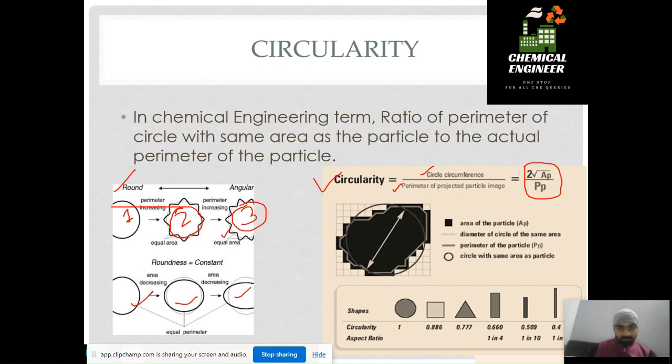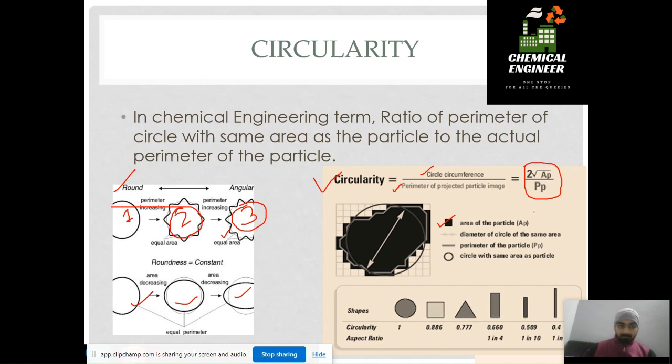Suppose this black thing is our particle. You can divide it into rectangular shapes, and then calculate its area. Then you have to make a circle of the same area. So how will you make a circle?